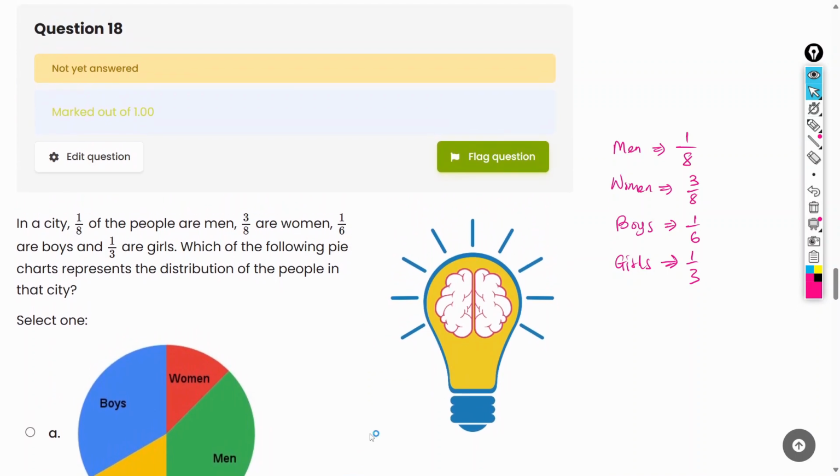So the best place to begin is by giving them a common denominator or finding the LCM. So there's 1 over 8, 3 over 8, 1 over 6, and 1 over 3. So we're looking for the LCM of 8, 6, and 3.